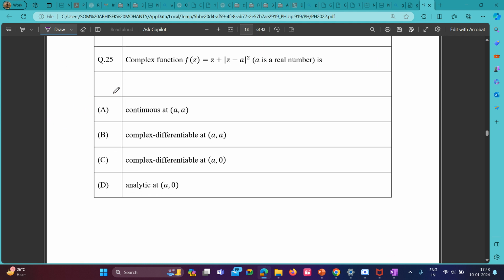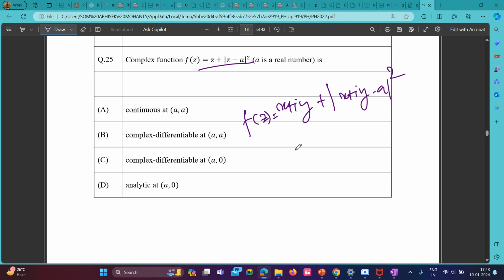Question 25. Complex function is continuous, complex differentiable, complex analytic. Let's see this question. So f of z is equal to x plus iy plus x plus iy minus a whole square. This is your f of z, isn't it?